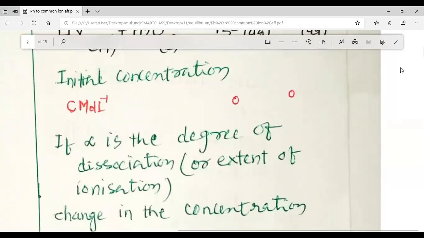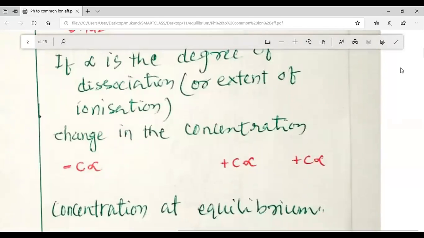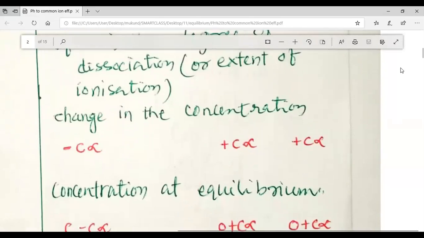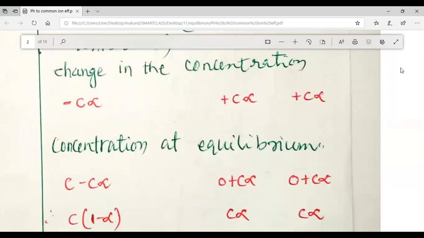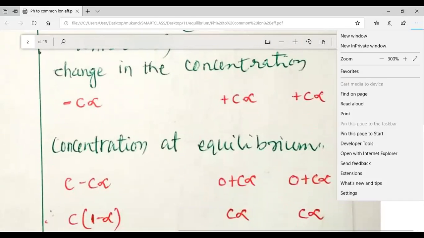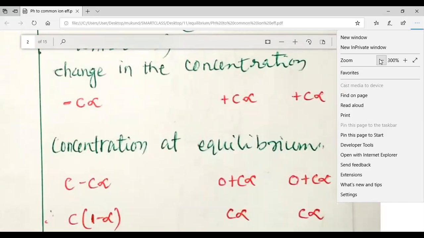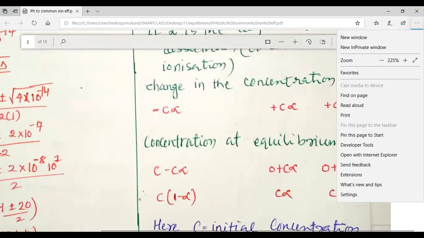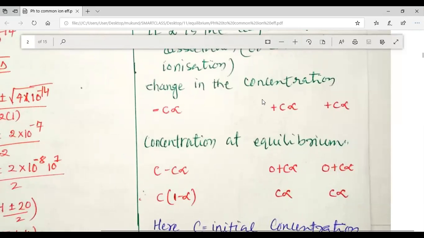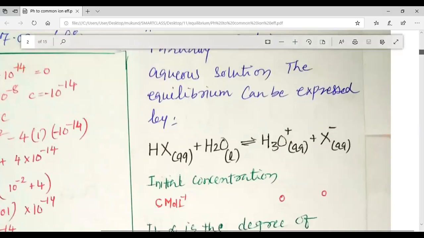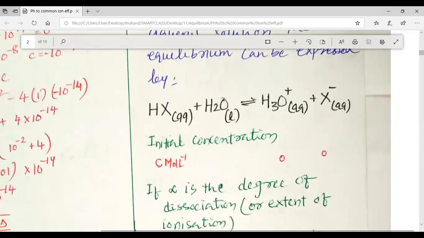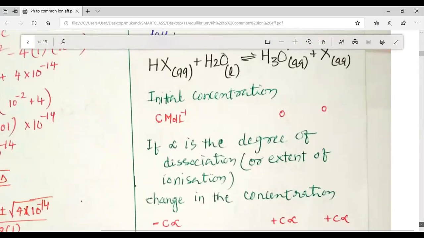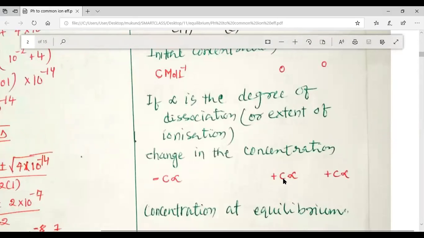If alpha is the degree of dissociation or extent of ionization, the change in concentration would be minus C alpha for the reactant, and plus C alpha and plus C alpha for the products.